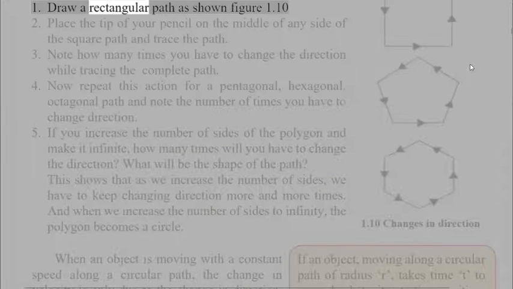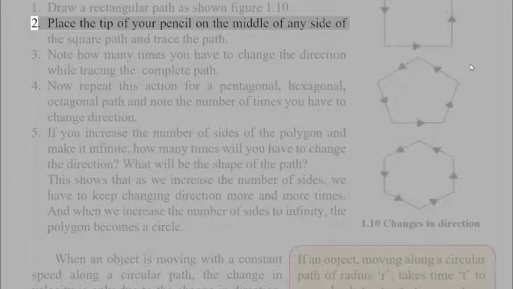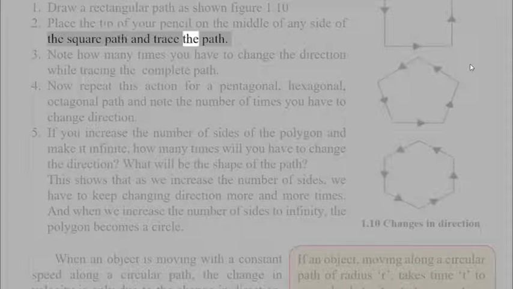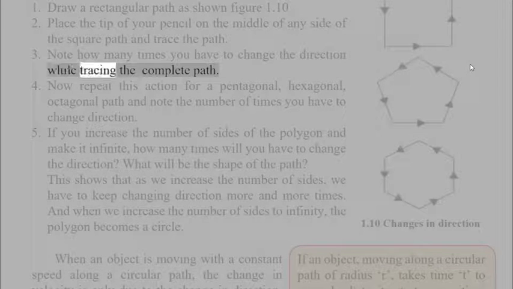1. Draw a square path as shown in figure 1.10. 2. Place the tip of your pencil on the middle of any side of the square path and trace the path. 3. Note how many times you have to change the direction while tracing the complete path. 4.